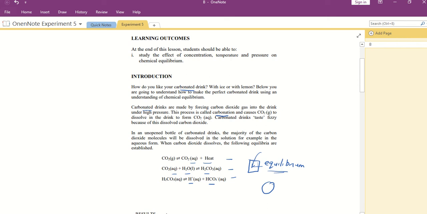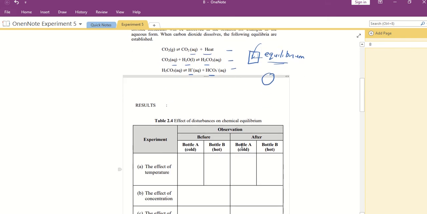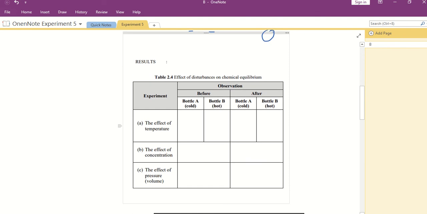So in this experiment, we change three things: first temperature, then concentration, and then the pressure of the carbonated drink, which is already in equilibrium. Let's see what happened. We will observe the effect in terms of bubble gas release.